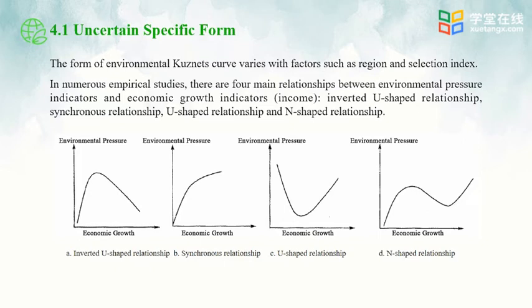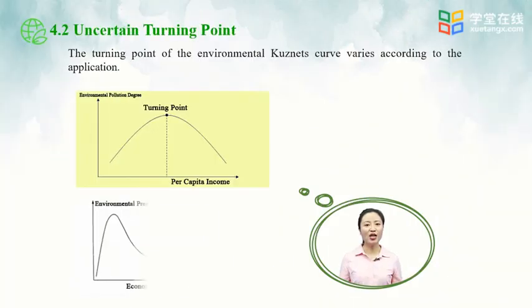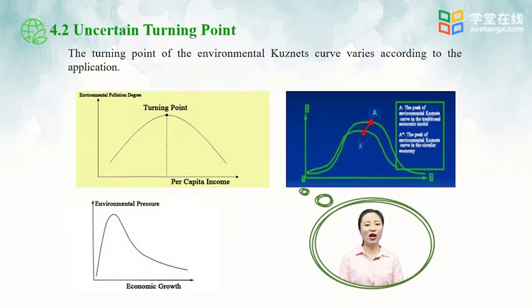In addition to the common inverted U-shaped curve, there are the synchronous curve, U-shaped curve, and N-shaped curve. For the second characteristic, the turning point of EKC varies with the time of the intervention and economic development, which may be reached sooner or later.